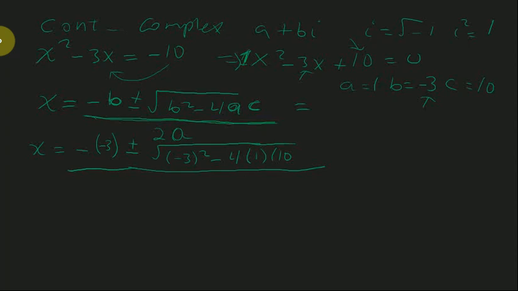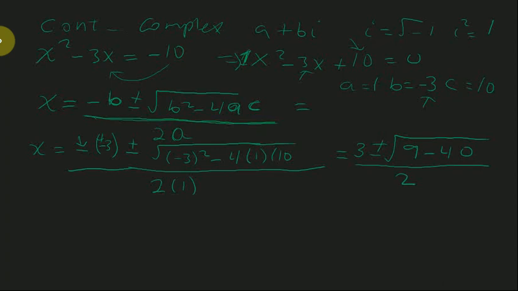Now 2 times 1 here. So now x is equal to negative times negative is positive 3, plus and minus the square root all the way. -3 squared is -3 times -3, which is 9, minus 4 times 1 times 10, which is 40, all over 2 times 1, which is 2.